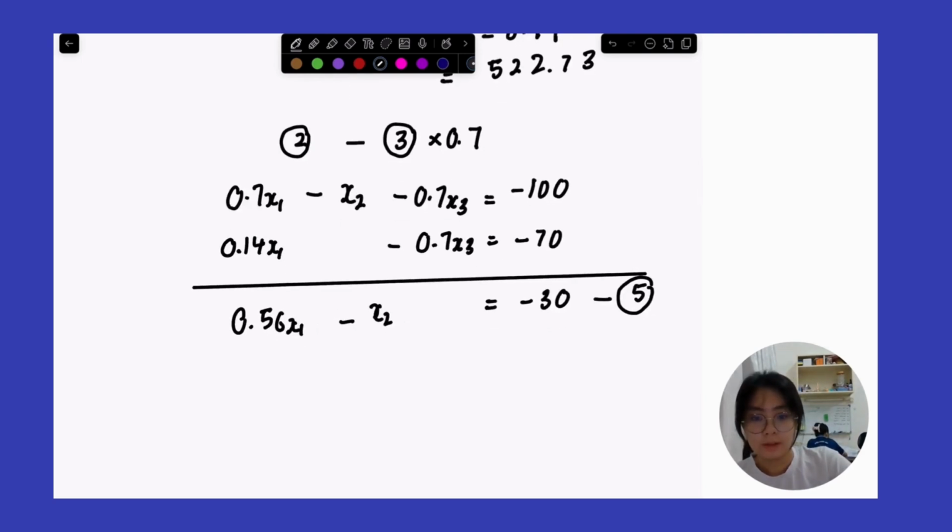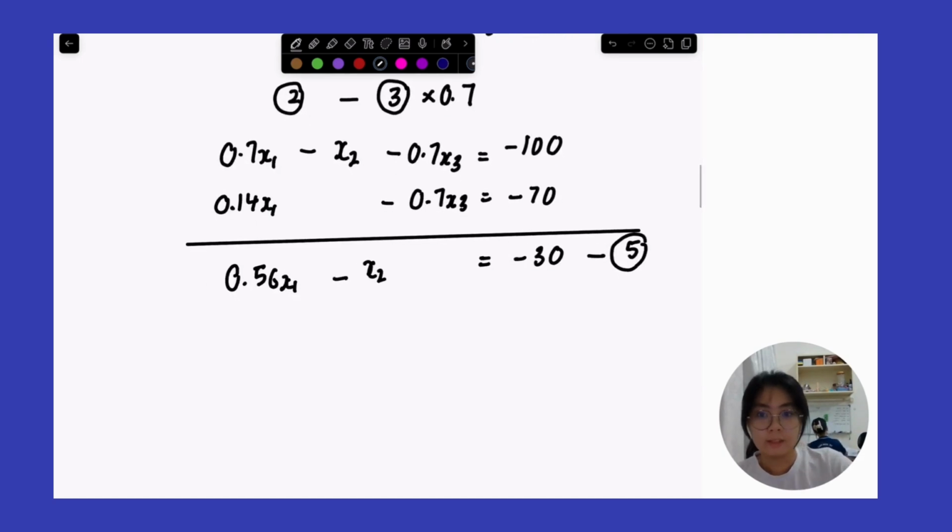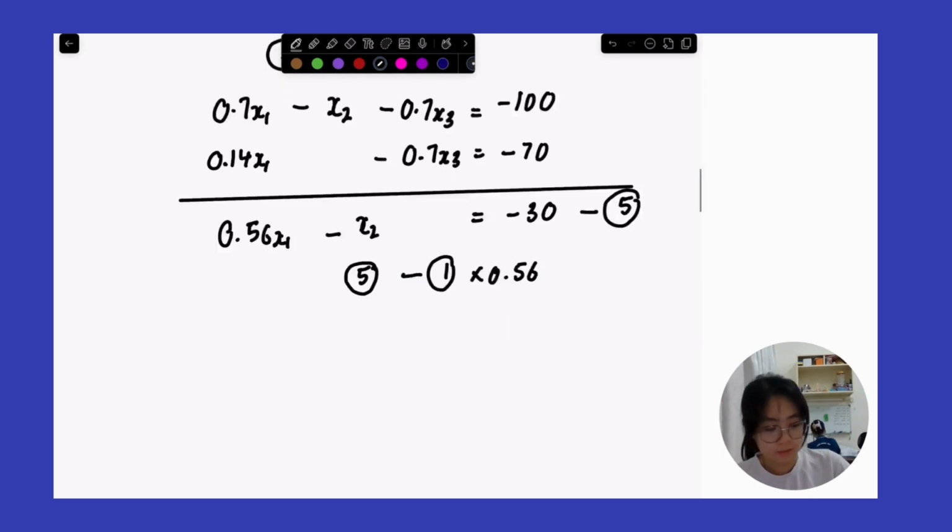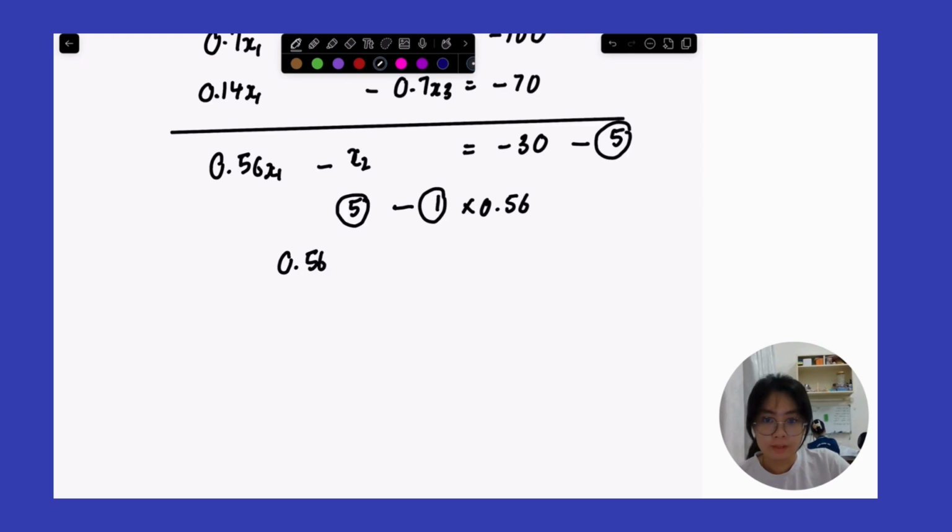So to find x2, we will use equation 5 minus equation 1 times 0.56. So 0.56x1 minus x2 equal to negative 30. By eliminating this 0.56x1, we can find our x2.